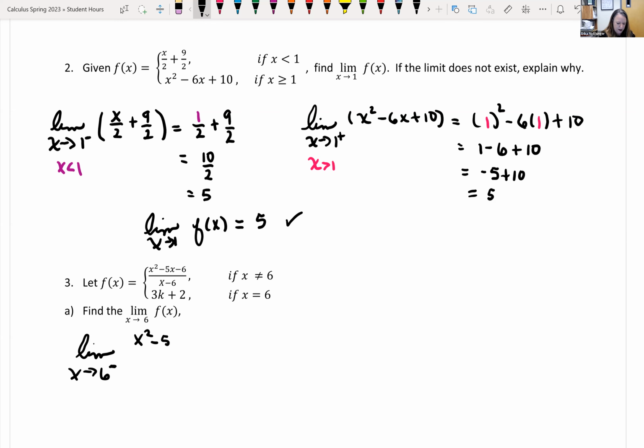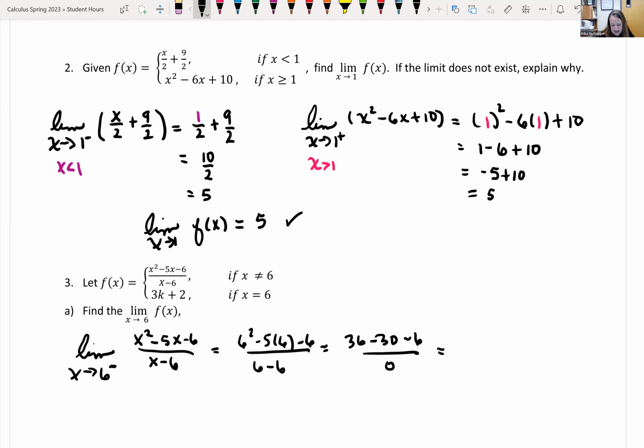Getting very, very close to it. So if we do direct substitution here, I get 6 squared minus 5 times 6 minus 6 all over 6 minus 6. So I have 36 minus 30 minus 6 all over 0 and get 0 over 0. So unfortunately, that's that indeterminate form.